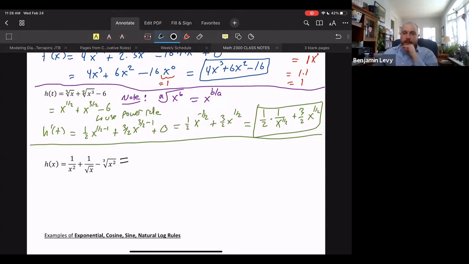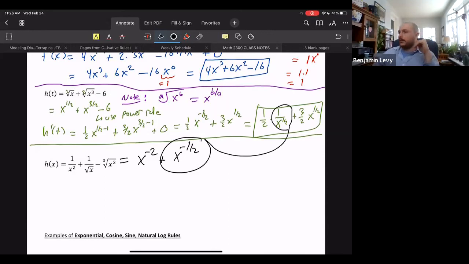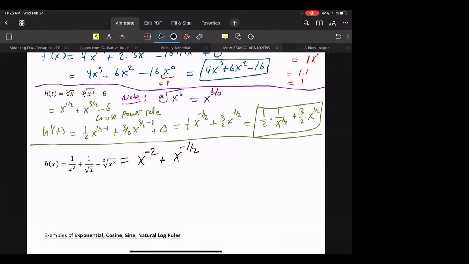Right, so the x squared in the denominator becomes x to the minus 2, using that idea we just saw. And then the 1 over square root becomes x to the minus 1/2. Right, this is kind of doing the opposite of what we just did a second ago. Right, 3/2.